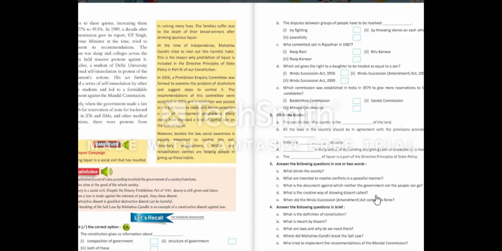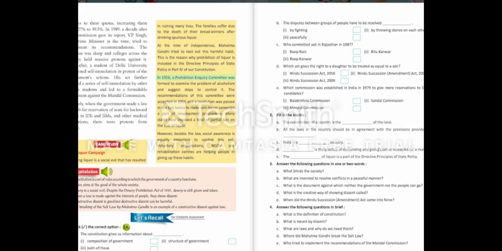Case study, anti-liquor campaign. Drinking liquor is a social evil that has resulted in ruining many lives. Families suffered due to the death of their breadwinners after drinking spurious liquor. At the time of independence, Mahatma Gandhi tried to root out this harmful habit. This is the reason why prohibition of liquor is included in the directive principles of state policy in Part 4 of our Constitution.